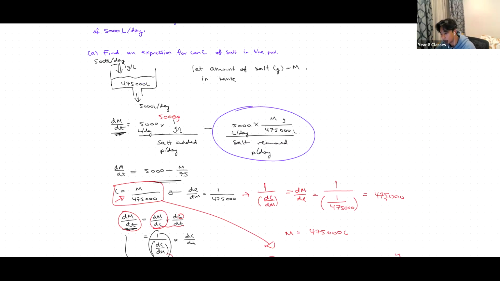M is our grams of salt in the tank, which is 5,000 to start with. Let's just say it's after one day. So that's 5,000 on 475,000, but I get your point. But this is before it's poured out. And then after it's poured out, you're subtracting 5,000 times the salt concentration. So does that all just equal?